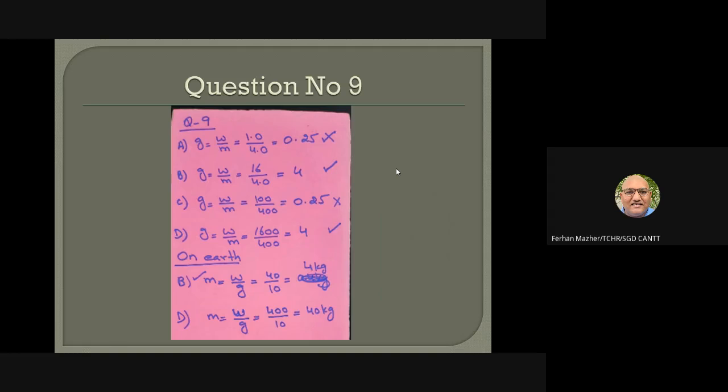For the B and D options, I will calculate the mass on the Earth. If the weight is 40 and g is 10, the mass will be 4 kg. For D, the weight is 4000 and g is 10, so the mass will be 40 kg. So B is the best option.